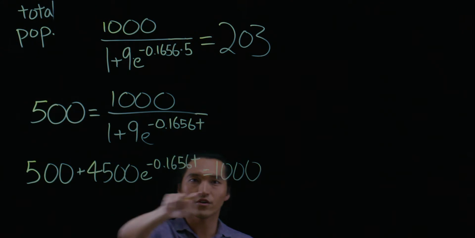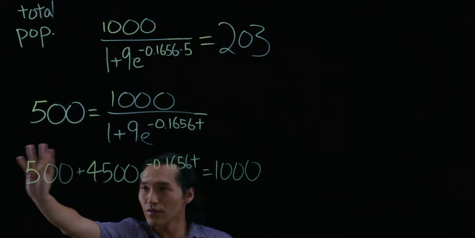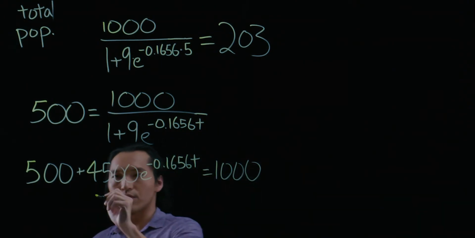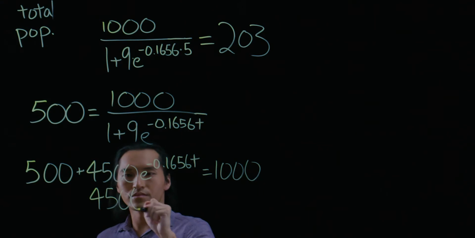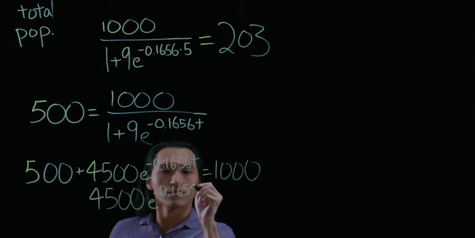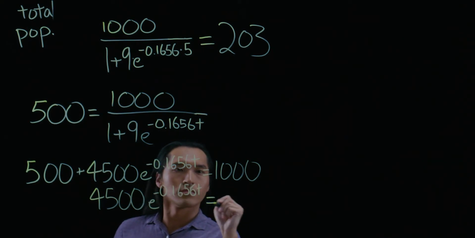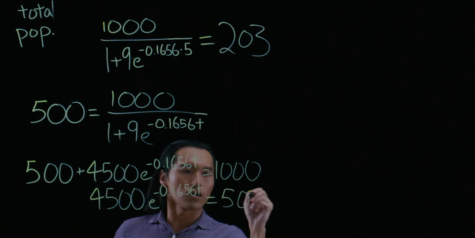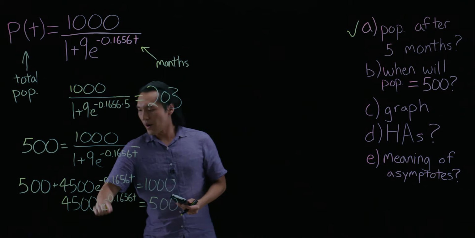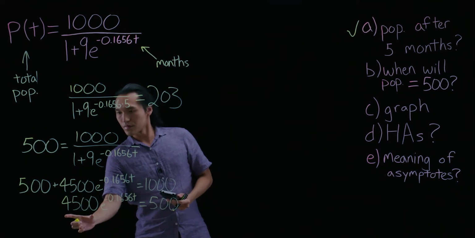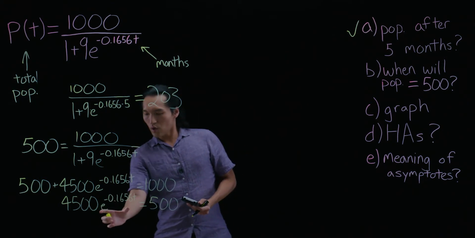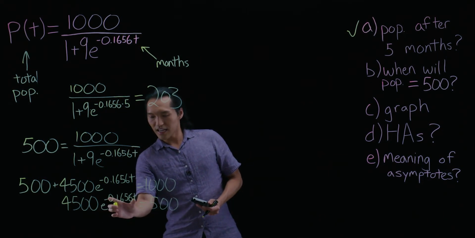We can subtract the 500 from both sides, which reduces 1,000 down to 500. And now we want to divide both sides by this coefficient of 4,500, because we want to isolate the t, leaving just the e and its exponent.